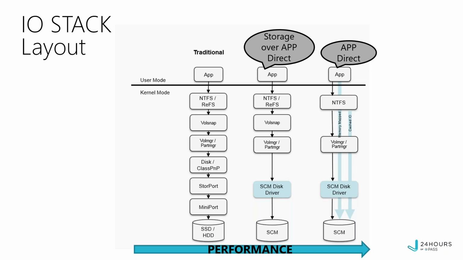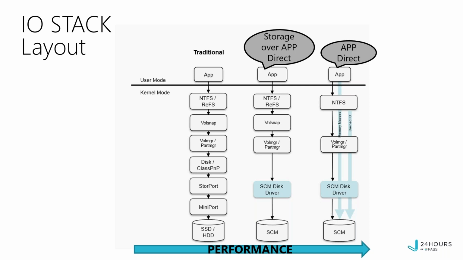On the right-hand side, the two stacks on the right are both using SCM, or storage class memory, which could be Optane PM. And we can have two modes. One is storage over app direct. Basically, we're presenting that persistent memory device as a regular disk, so the I/O from the application has not changed at all.